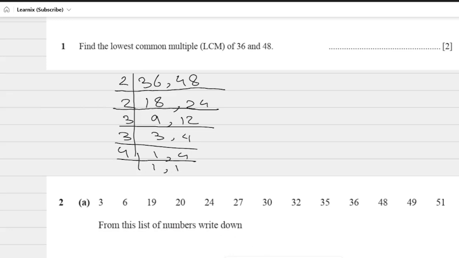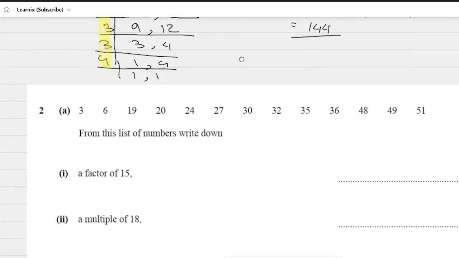The numbers on this side are all the prime factors of 36 and 48. So to find the LCM, we take all these numbers and multiply them together. So it's going to be 2 times 2 times 3 times 3 times 4. Answer is 144.